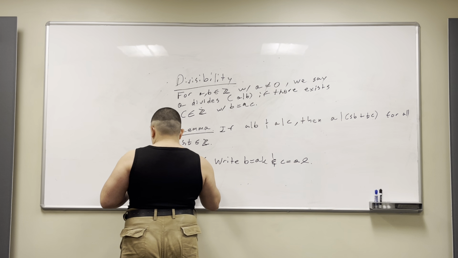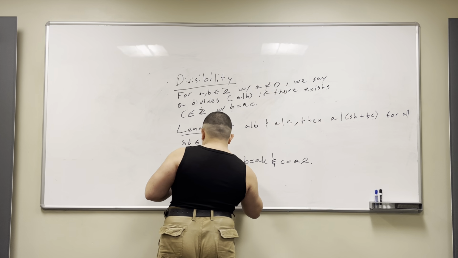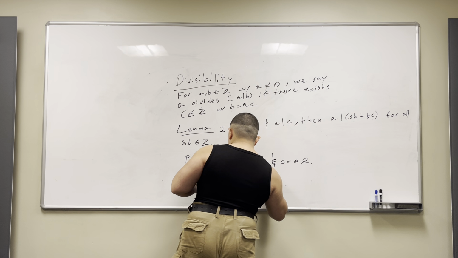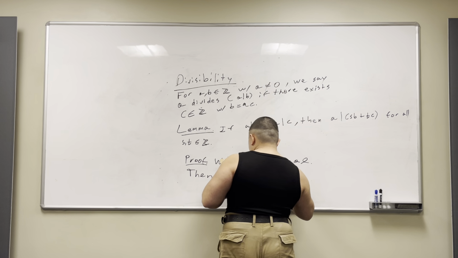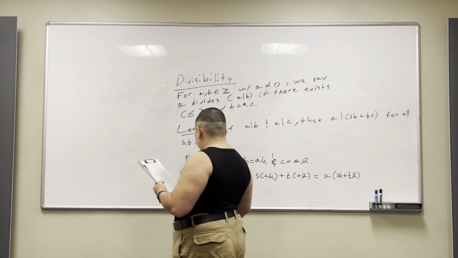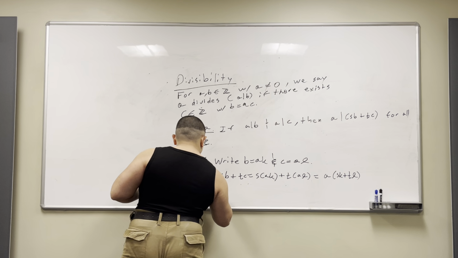Then sb plus tc is equal to s times ak plus t times al, which is equal to a times (sk plus tl). And this shows that a divides sb plus tc.